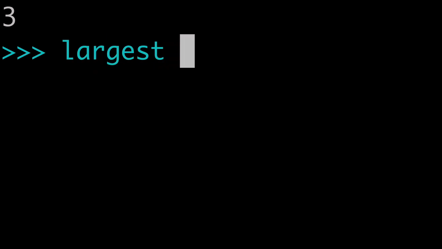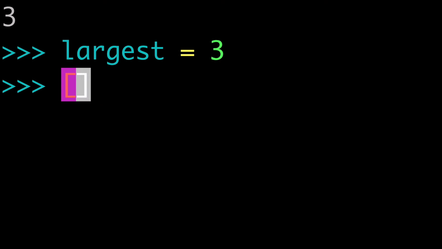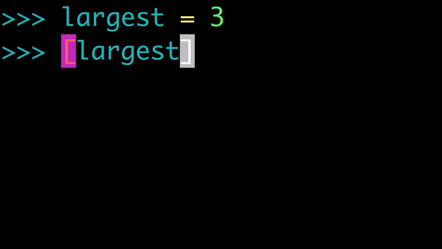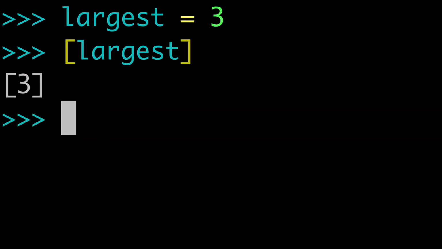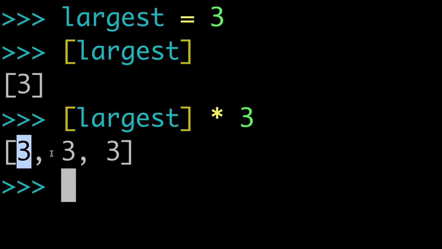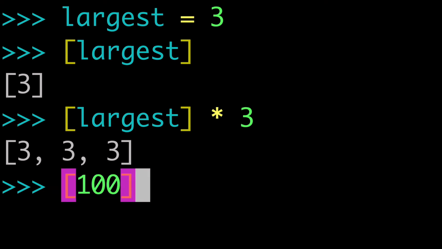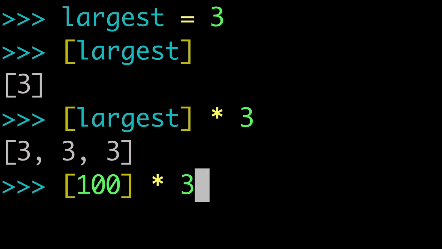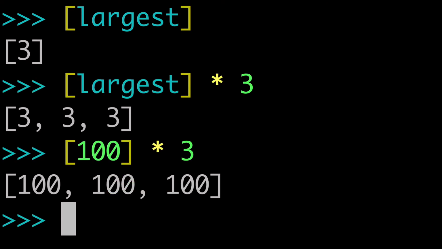And so let's just say largest equals 3, right? And then so largest inside a list would look like this. It would look like [3]. And then we could do times 3, and we can see that we now have [3, 3, 3]. So basically, all you need to do is times 3 outside of a list, and that'll actually multiply the values within a list.